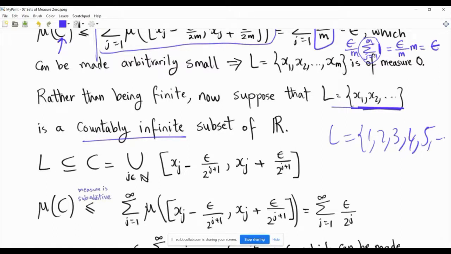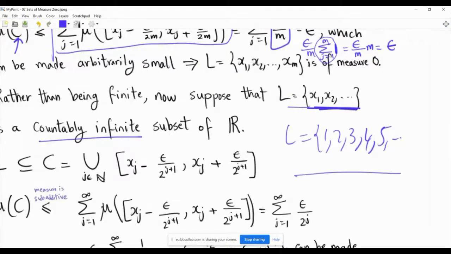And the trick here is that you take xj, an element from this set. Now there is an infinity of those. But you take some xj and you cover it with an interval. You pick a positive epsilon, and your interval will go from xj minus epsilon over 2 to the j plus 1 to xj plus epsilon over 2 to the j plus 1.